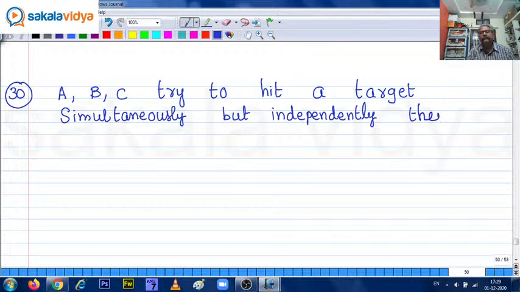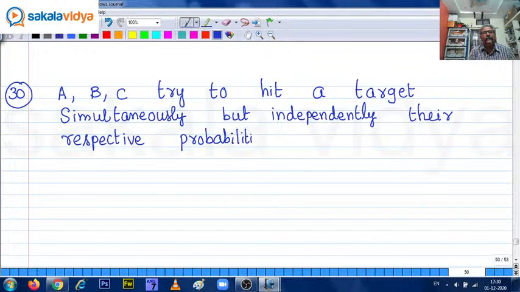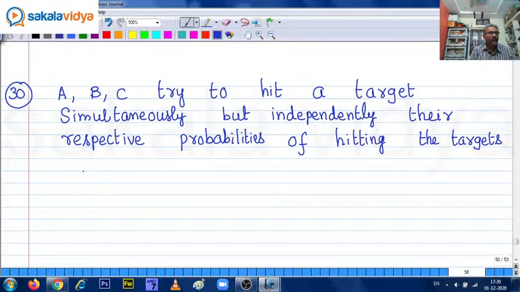Their respective probabilities of hitting the targets are 3 upon 4, 1 upon 2, 5 upon 8.